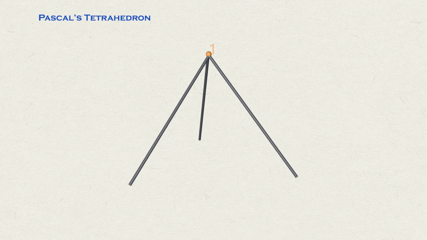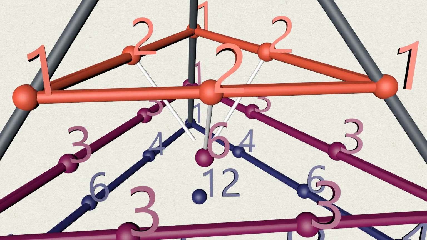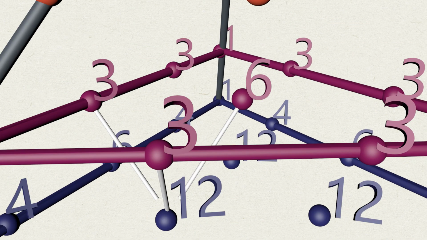Now let's create what we call Pascal's pyramid or Pascal's tetrahedron. We will label the cap of the pyramid as level 0, just as we did with Pascal's triangle. Level 1, we have 3 ones, and as we add levels of the tetrahedron, each number in the following levels is the sum of the numbers above it, as we can see here in this diagram.